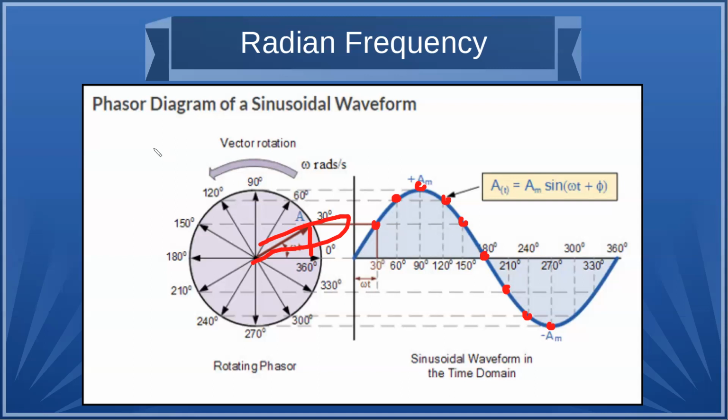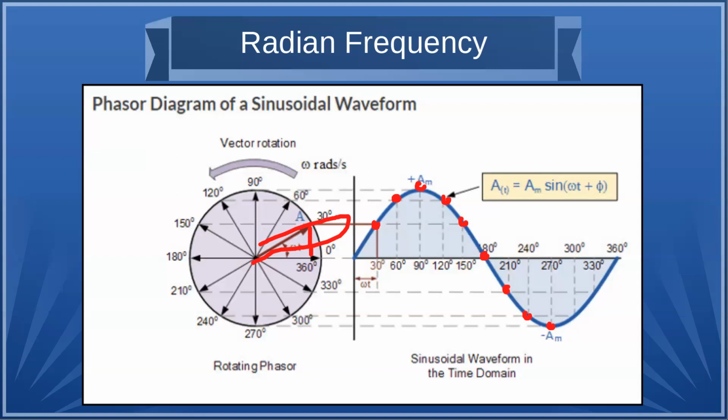Now, when we get into, and you don't need to know this for any of the amateur exams, but they made me learn it in college in engineering, and it turns out it's a lot easier to do some of the math when we talk about radial velocity. So if you think of a circle that has a radius of, say, 1, the circumference of that circle is going to be 2 pi times that radius.